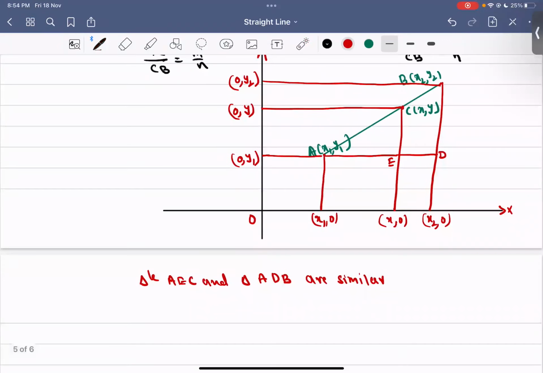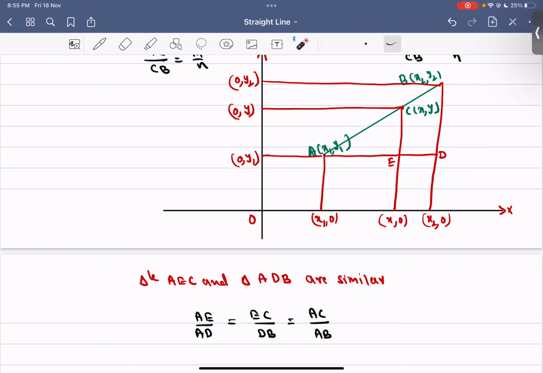That's why those 2 triangles are similar. So AE by AD, that is this side by this side, is equal to EC by DB, which is equal to AC by AB.